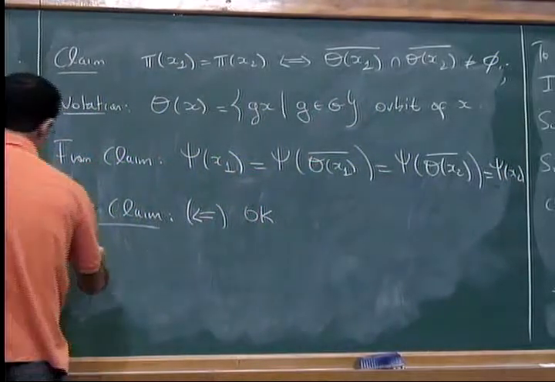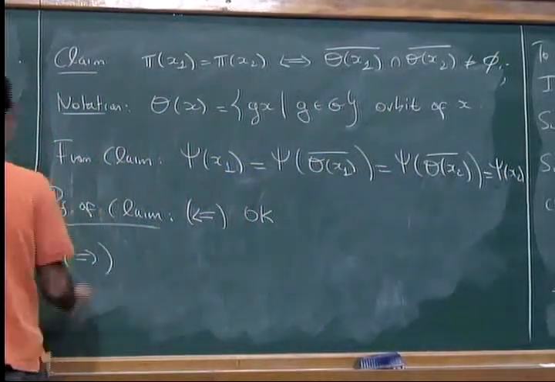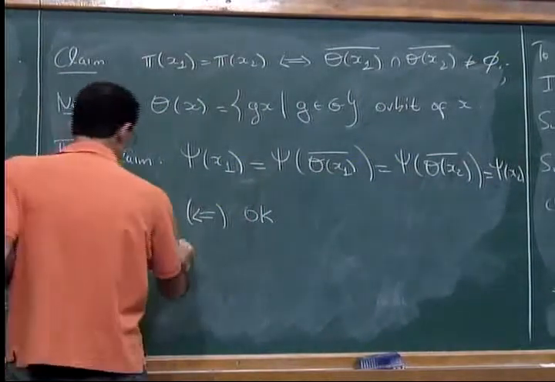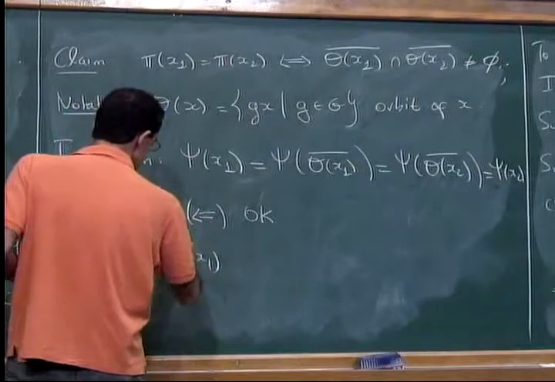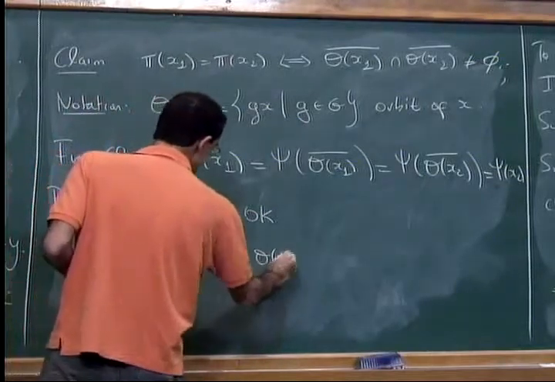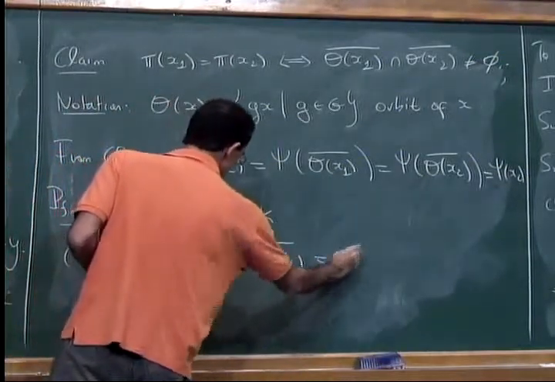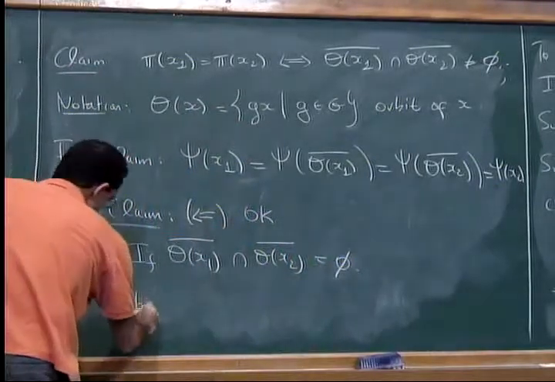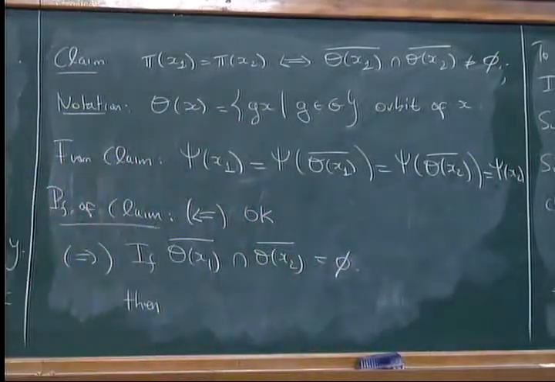And for the reverse statement, if this intersection is empty, then, by property 4, the orbits are invariant, and so their closures are, and they are disjoint.